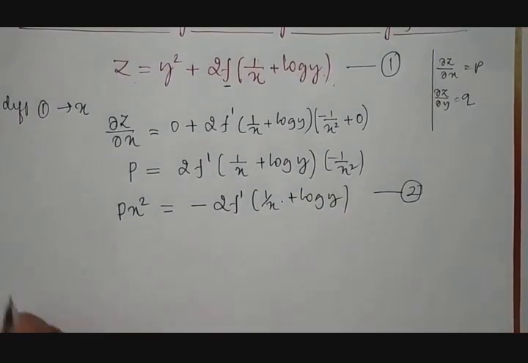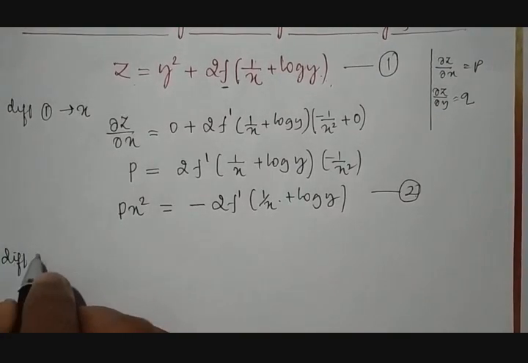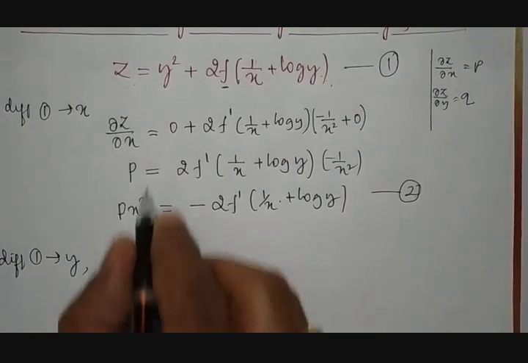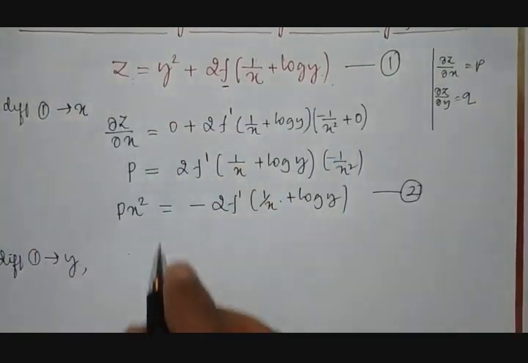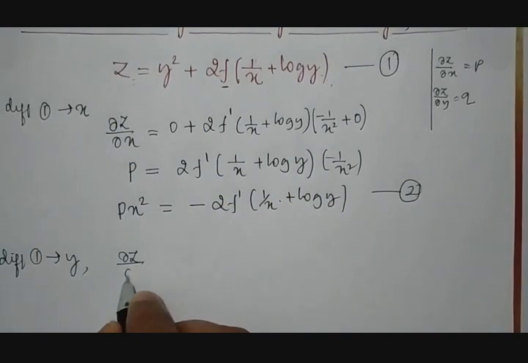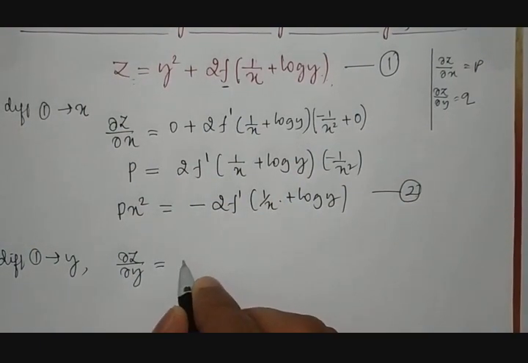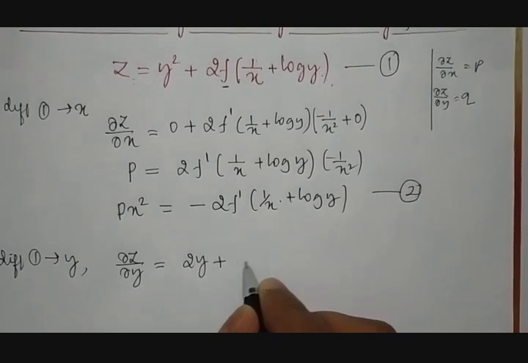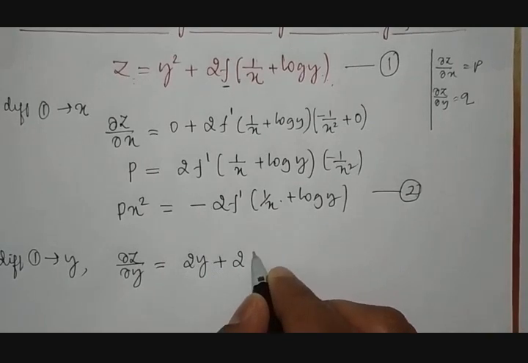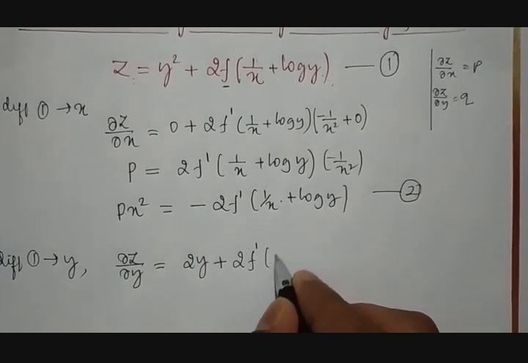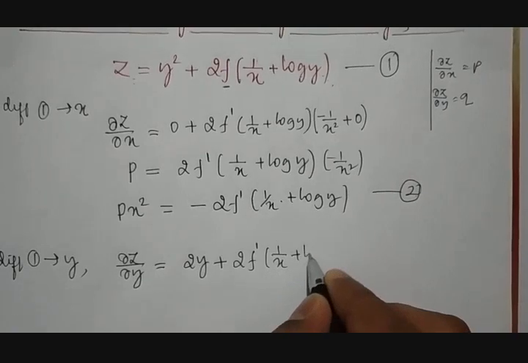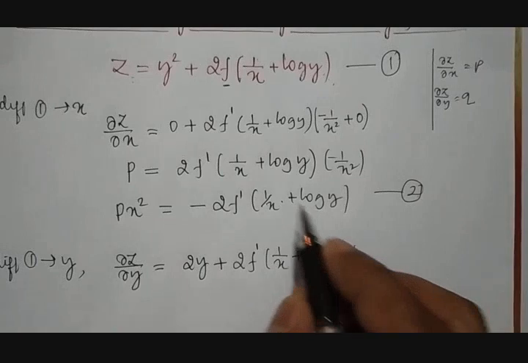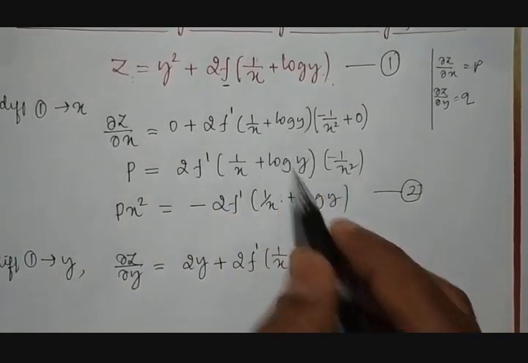Similarly, let us differentiate equation number 1 with respect to y. Differentiating equation number 1 with respect to y, we get dou z by dou y is equal to differentiation of y square, which is 2y, plus 2 times differentiation of this function, which is f dash of 1 divided by x plus log y, into differentiation of this bracket with respect to y.